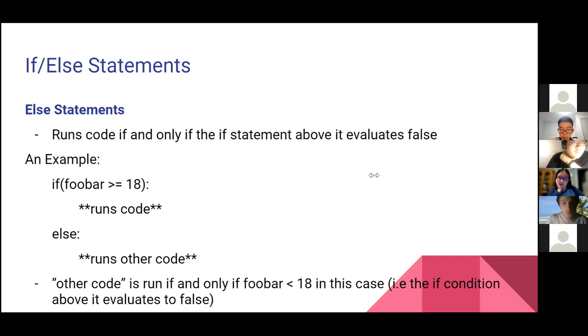Would you like me to try to explain it? Yeah, that might help. Okay. Since X is greater than 0, count equals count plus 1. So count equals 1. Since that if statement is correct, the elif statement is not checked. So even if X plus Y is less than 4, since X is greater than 0 is correct, we don't do the elif statement.